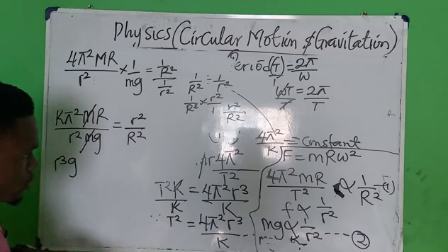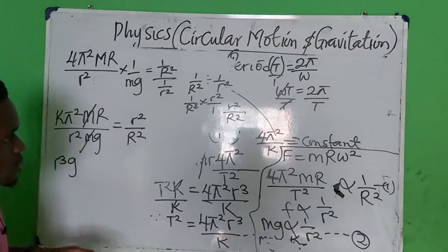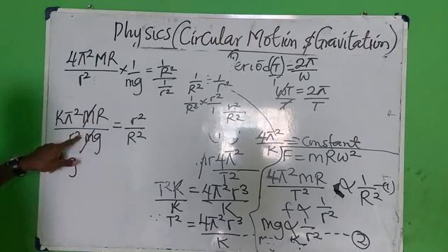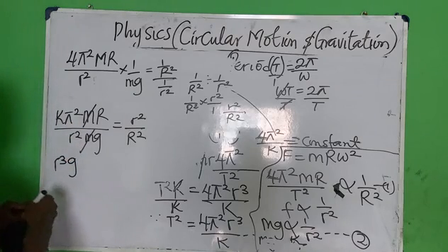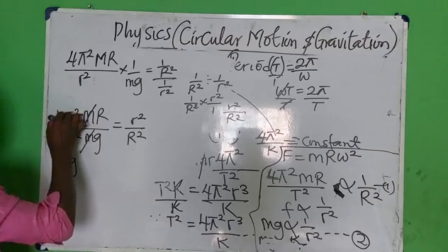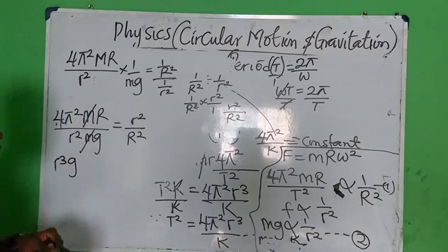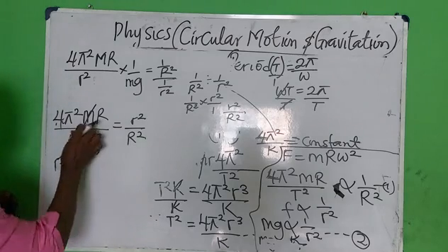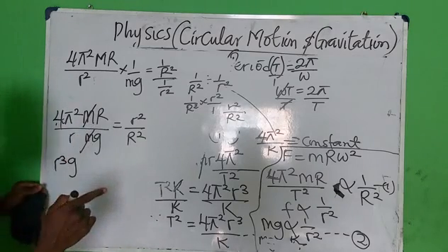Let me check it too. Where is this mistake coming from? 4 pi squared. Where is that r coming from? No, it's r. I cannot find it now.